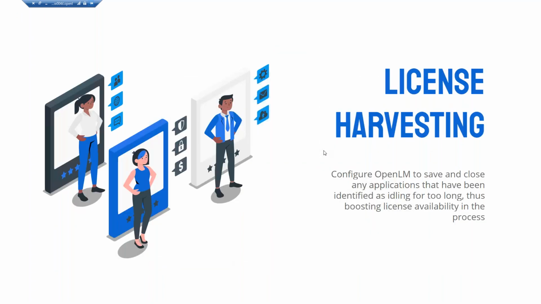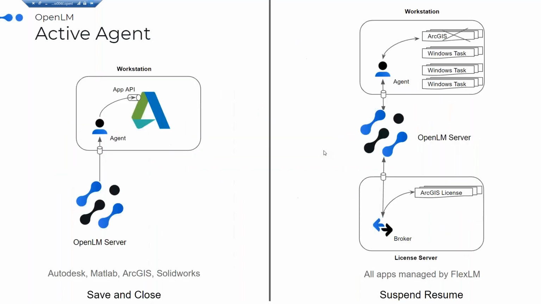Okay, so what can we do? How can we close the application? Because, okay, I need the license back. Once I know that the application is idling for, let's say, 10 hours and I need licenses now, well, I can close that application, freeing up that license. So someone else can use it, meaning that you have the same amount of licenses, but they're better utilized.